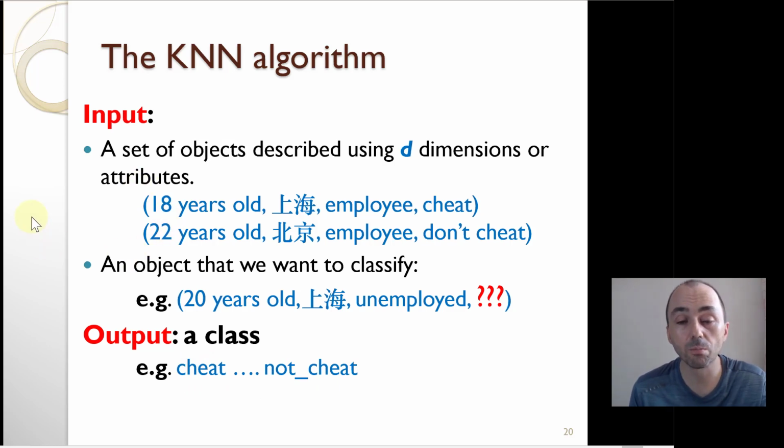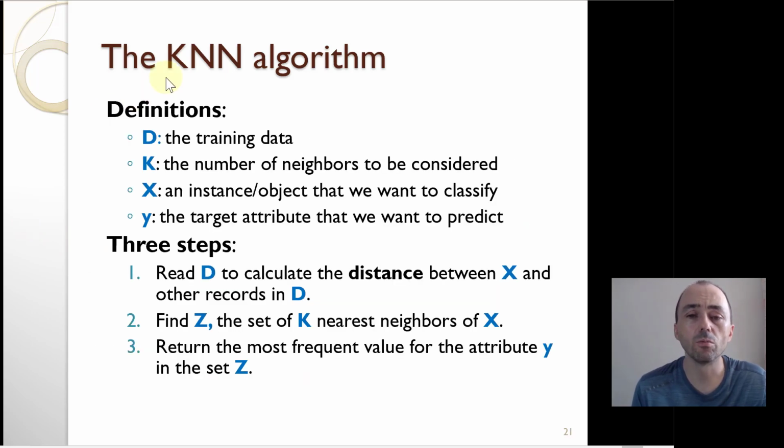Now let's see the procedure more formally. Let's say we have the training data D and we have K, the number of neighbors we want to consider. Then there's a new object X we want to classify, to decide if it is cheating or not, and we have a target attribute Y. So the 3 steps of the algorithm.